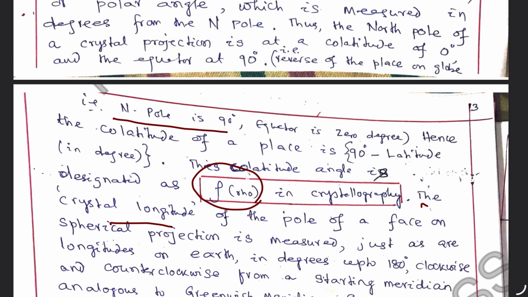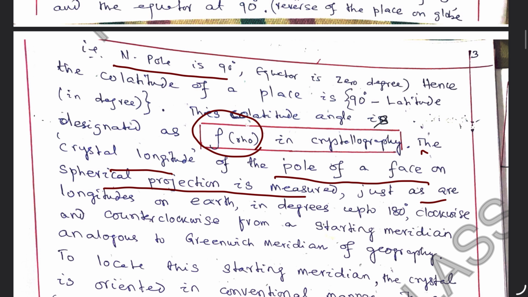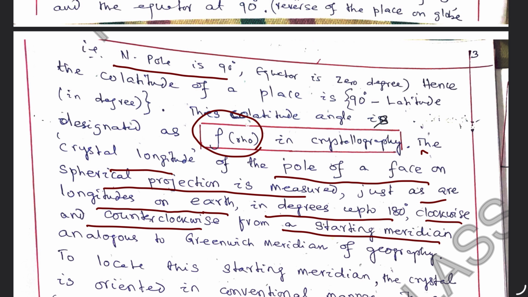The crystal longitude of the pole of a face on the spherical projection is measured just as longitudes are on the earth. They are measured in degrees up to 180 degree clockwise or anti-clockwise from the starting meridian, which is the 0 meridian, analogous to the Greenwich meridian in geography.